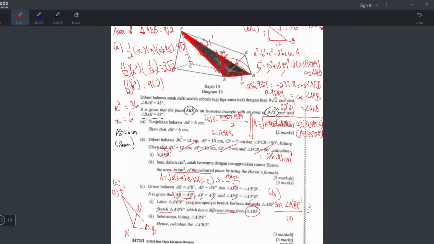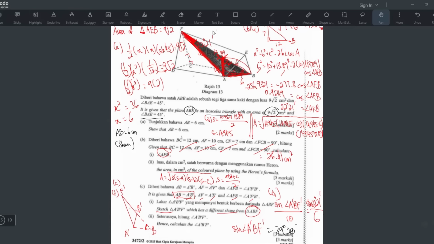So sine 22 degree 21 minute and then over with the opposite 6. So now sine angle A prime B F prime, okay, this has no prime. Okay, equals, okay, press this. This divide by 6 times 10. 39 degree 20 minutes. Okay lah, I straight away shift sine already lah.